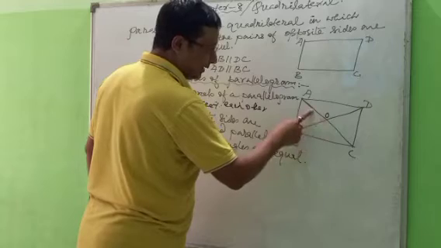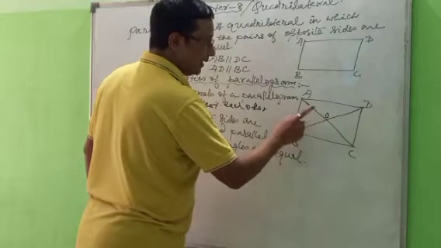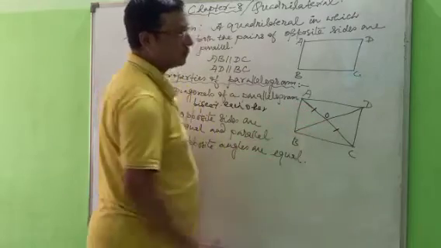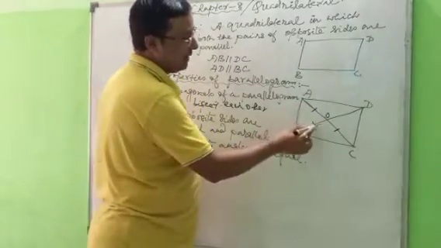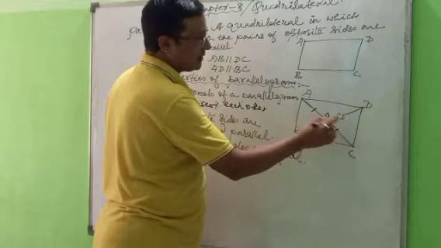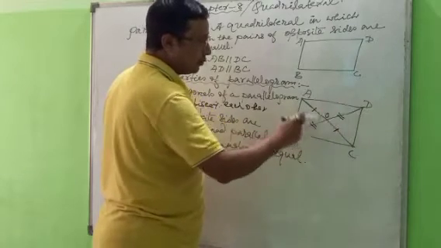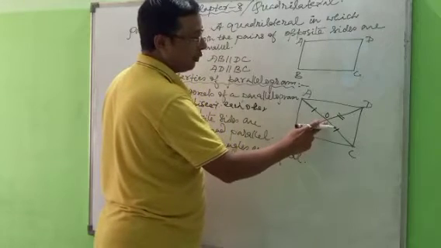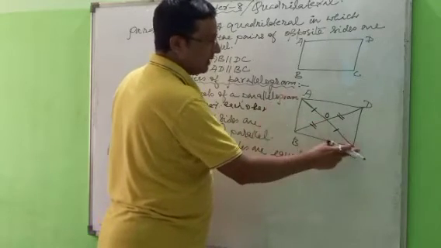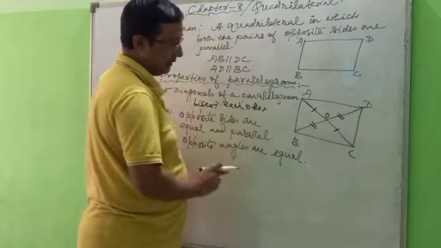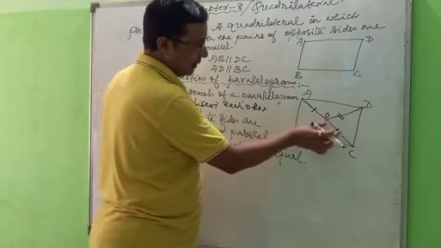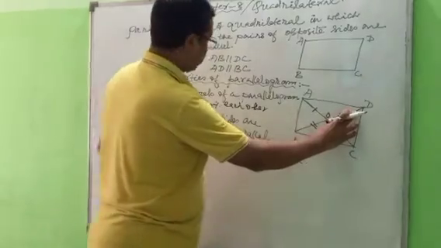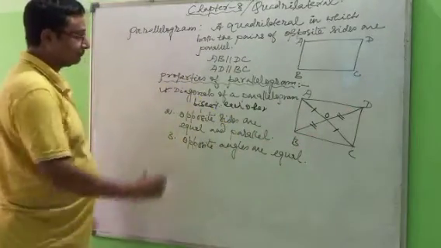That means dividing the segments into equal parts, which means AO equals CO and BO equals DO. So the two diagonals will bisect each other at the point O. That means O is the midpoint of AC as well as of BD, which means AO equals CO and BO equals DO. So this is the first property.